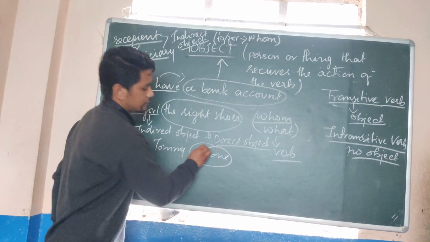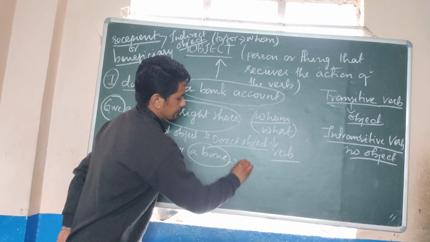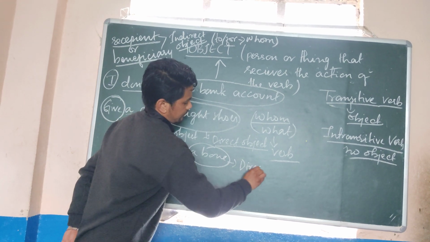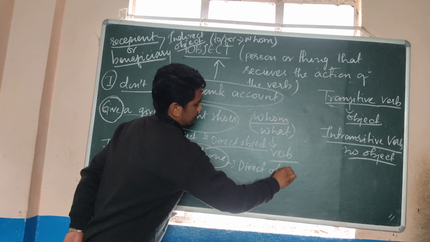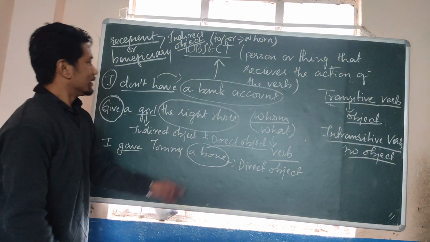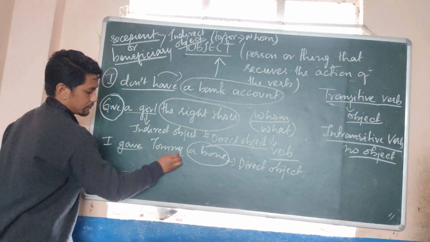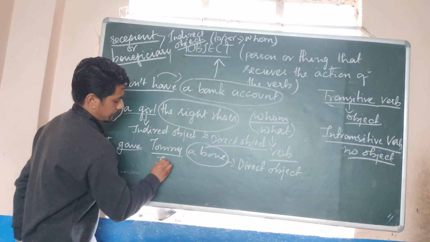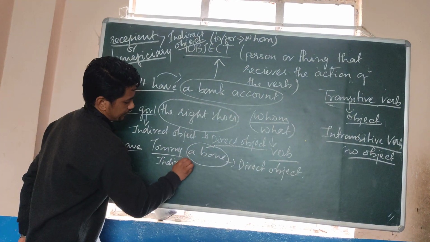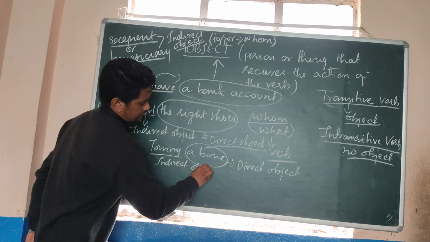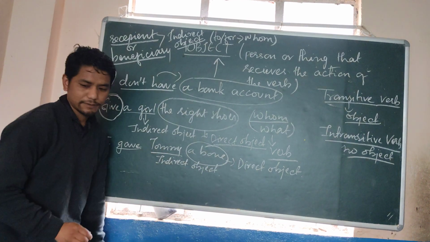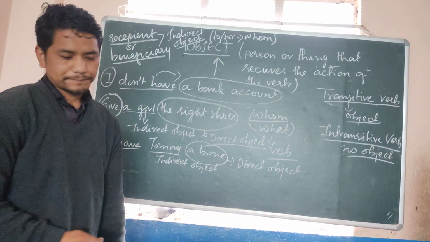So a bone is your direct object. And to whom? To whom did I give the bone? To Tommy. So this is your indirect object.